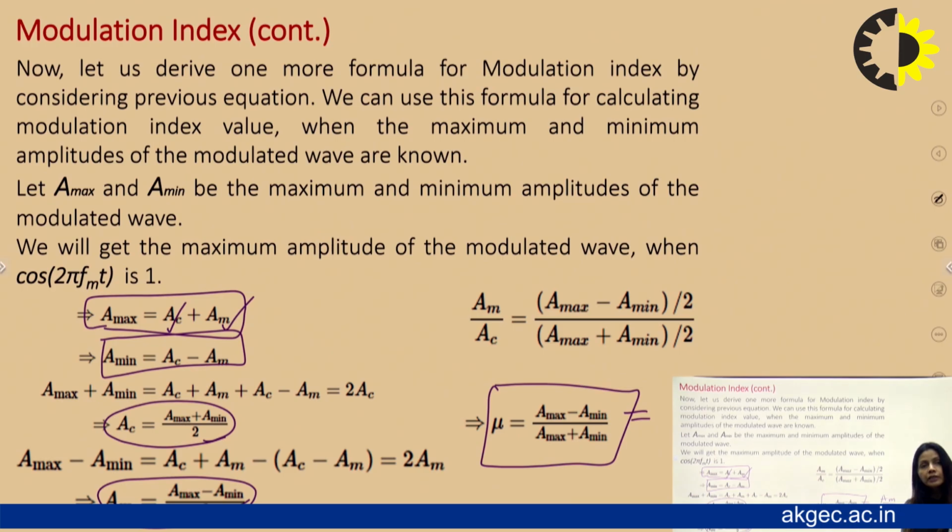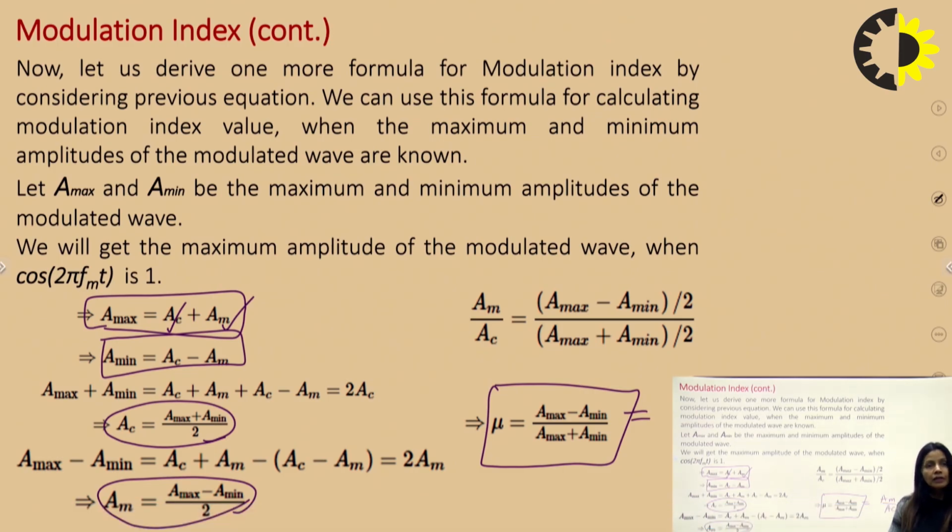So modulation index can be defined as the ratio of the maximum amplitude minus minimum amplitude of the modulated wave upon the sum, apart from the ratio of amplitude of the modulating wave upon amplitude of the carrier wave.